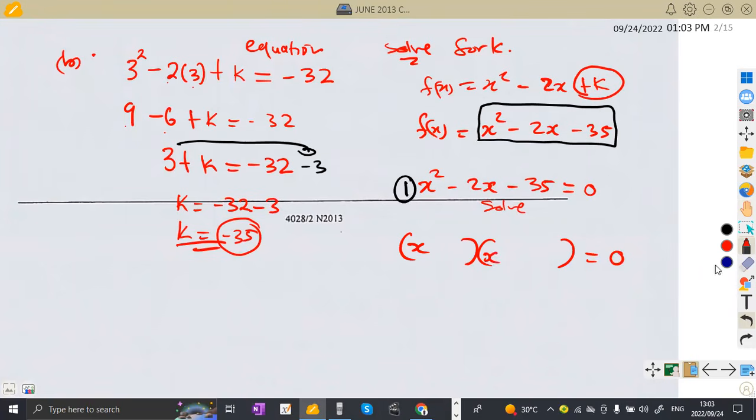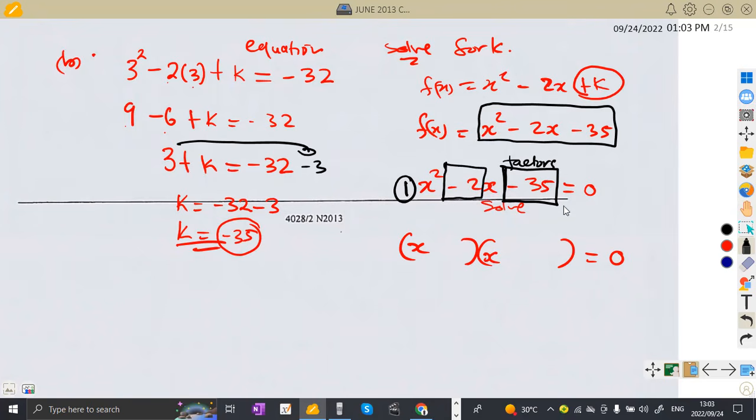From these two brackets, you focus on the constant term, which is negative 35. Find the factors of negative 35. And these factors, if you add them, they must give you the middle number, which is negative 2.